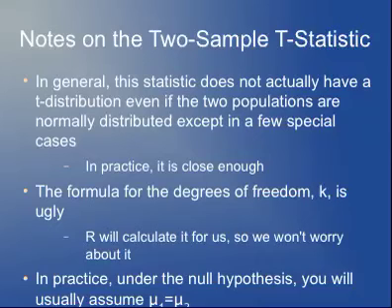Luckily, it's close enough to a t distribution, so the fact that it's not exactly a t distribution doesn't really matter. In fact, later in this class we'll discuss some approaches that don't assume the t distribution at all, and in my experience they virtually always give almost exactly the same results as this approximate t distribution.